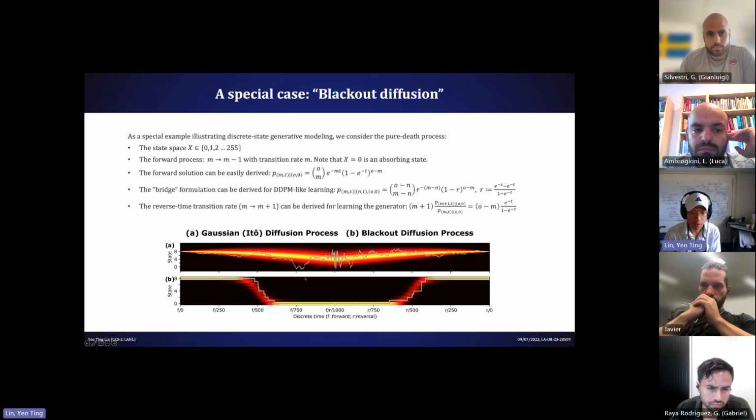Now, the key intuition here is that for Gaussian, in the forward pass, because of the design of that process, the variance is always a monotonically increasing function. So the noise is getting larger and larger. For Blackout diffusion, things are weird.